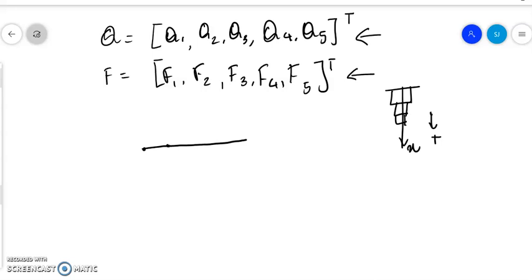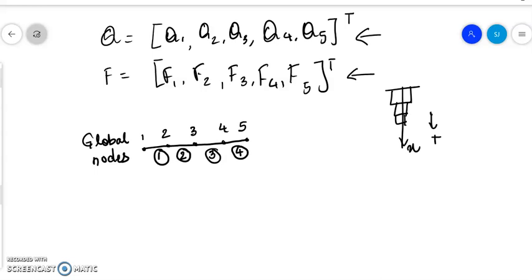So we had 1, 2, 3, 4 and 5 nodes, 5 nodes, and these are the global nodes. The numbers which are circled are the elements. So we have 4 elements and 5 nodes.